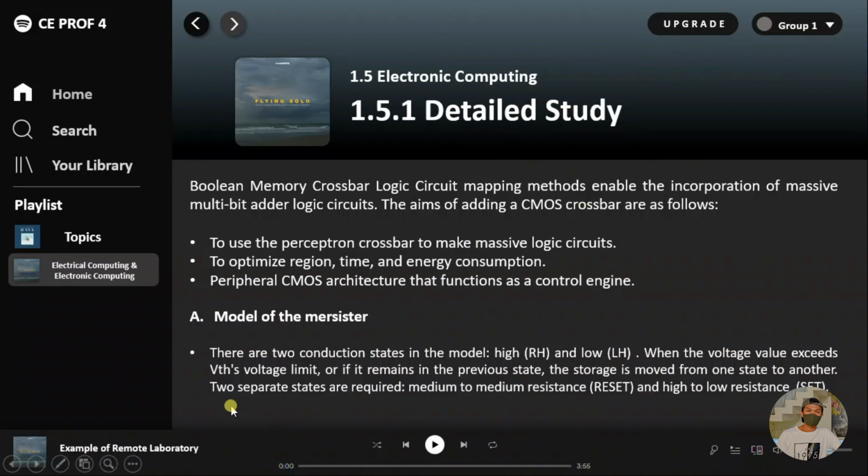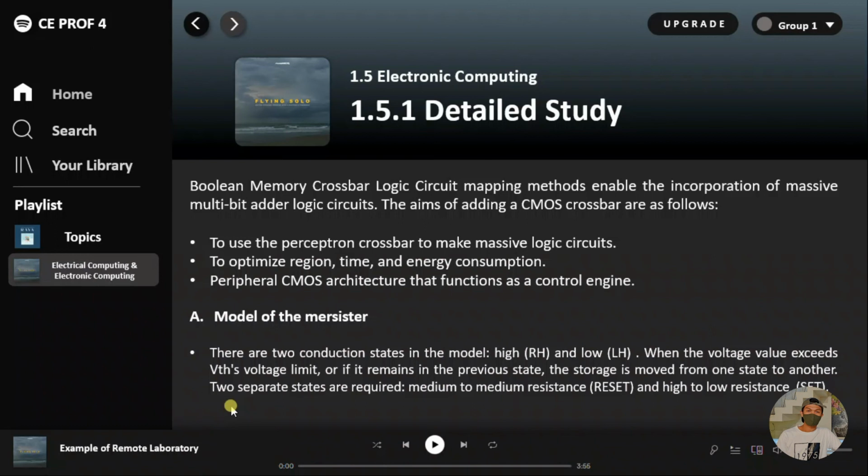So in the design study, we have the model of the memristor. There are two conduction states in the model, the high or RH and the low or RL. When the voltage value exceeds the voltage limits, or if it remains in the previous state, the storage is moved from one state to another.